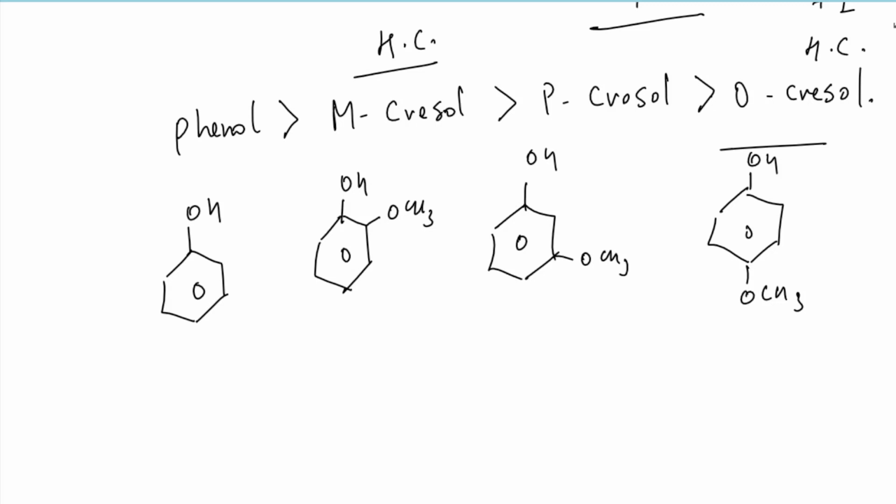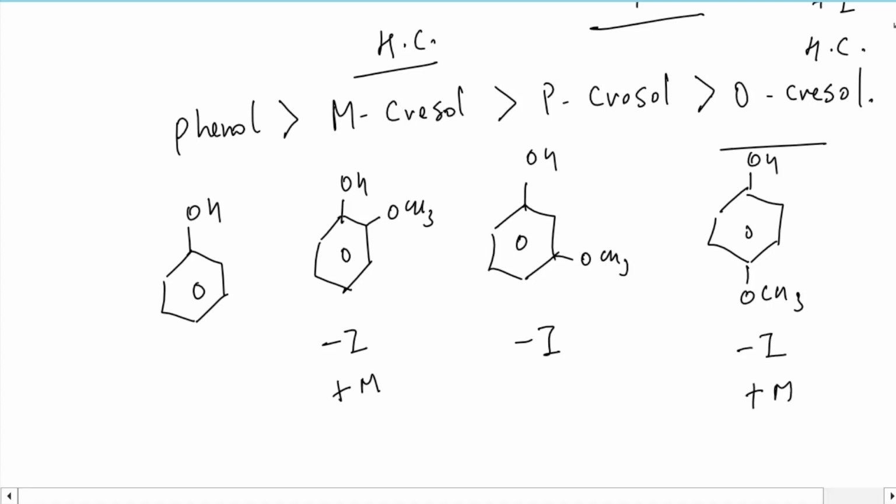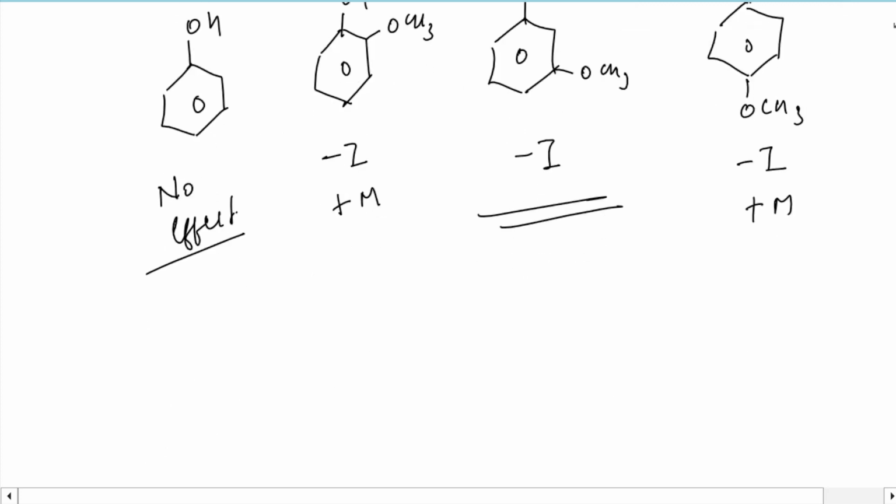Now, in this case, there is a minus I and plus M. There is a minus I only. There is a minus I and plus M. So definitely we can predict meta will be maximum acidic because it is having a minus I effect and there is no other effect. So meta will be maximum acidic, meta hydroxyanisole.